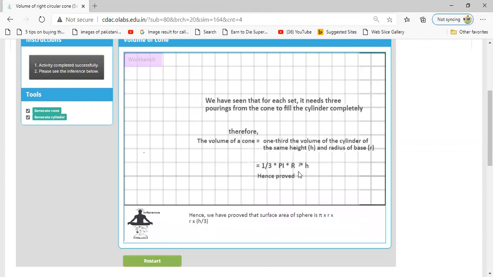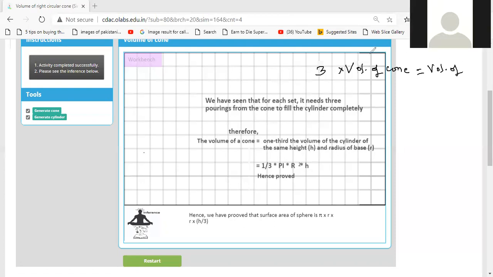So 1/3 pi r square h. We have seen that we filled 3 cones, so 3 times the volume of cone is equal to the volume of cylinder.